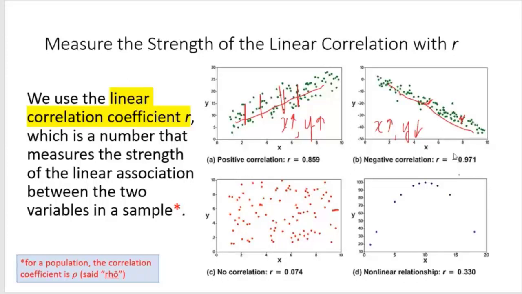I know this is negative, but the absolute value of it is just 0.971. The absolute value of this one is 0.859. When we look at absolute values of R, the values that are closer to 1 indicate a stronger correlation.